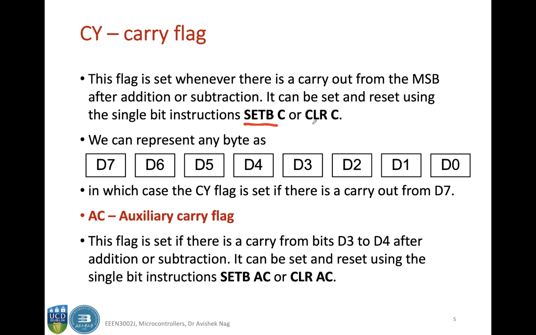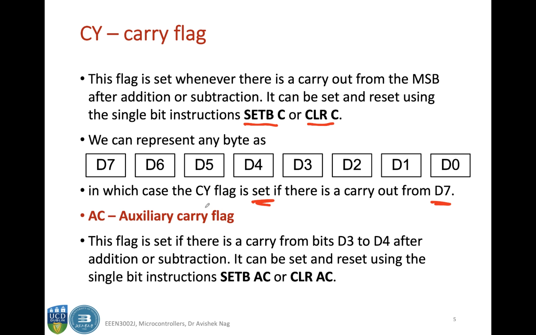So you can set the carry flag to 1, and you can clear the carry flag if it has been set. But it is automatically set if there is a carry from the MSB. So we can represent any byte as D0 to D7, in which case the carry flag is set if there is a carry out from D7.